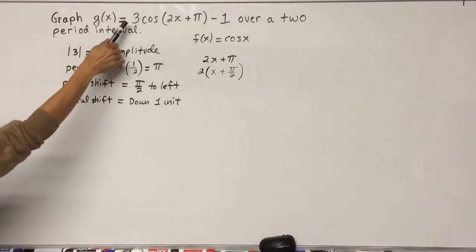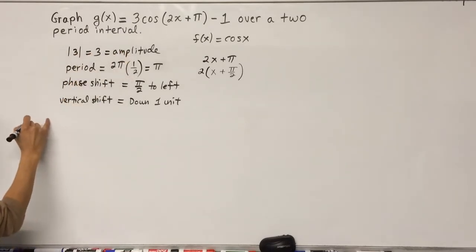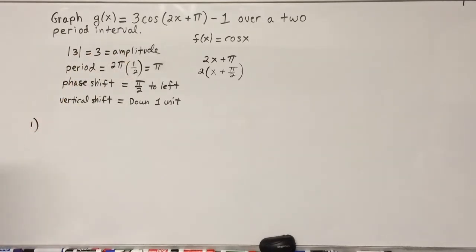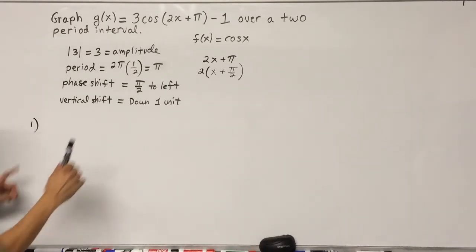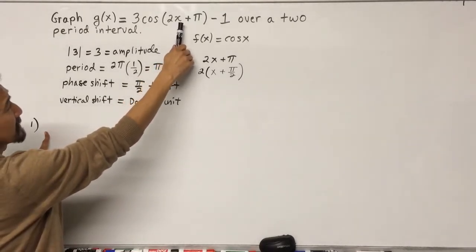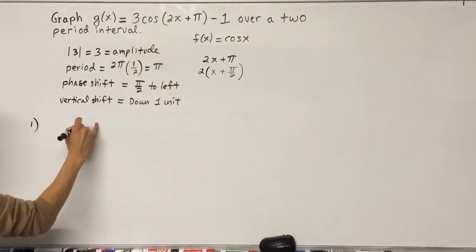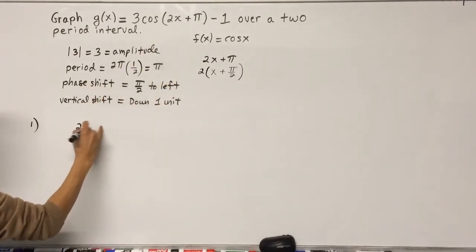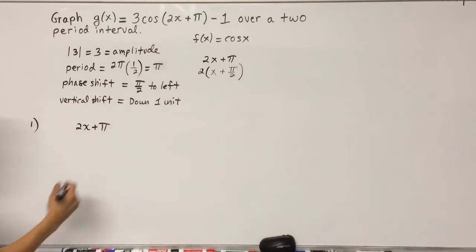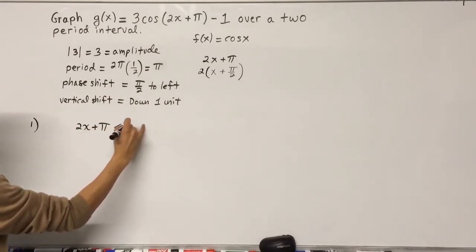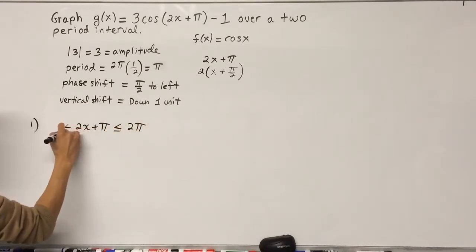So now let's go ahead and graph this cosine wave. Okay, so step number 1, remember we're going to find what I called in class the starting interval. So I'm going to take that 2x plus pi, and I'm now going to place it in between 0 to 2 pi.